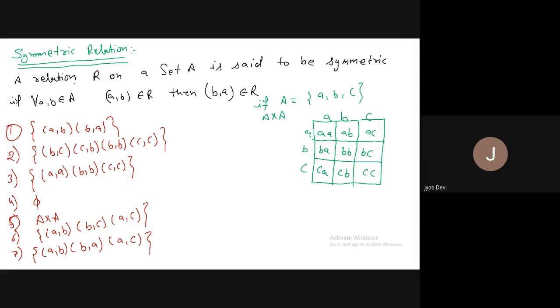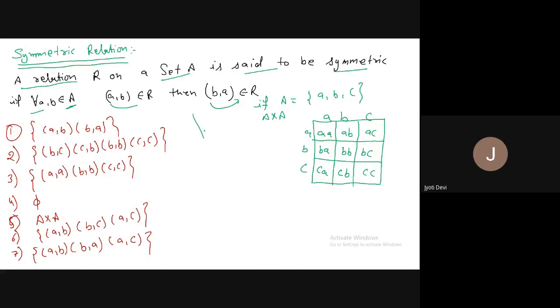For symmetric, first we see the definition. A relation R on a set A is said to be symmetric if for all a comma b belongs to A, means if AB belongs to the relation, in that case BA must belong to that relation.